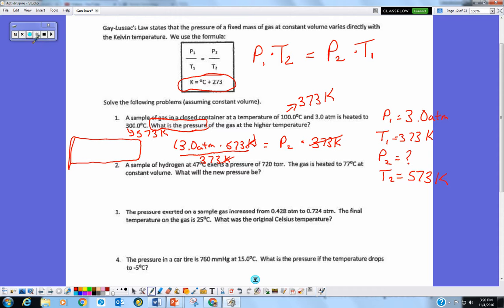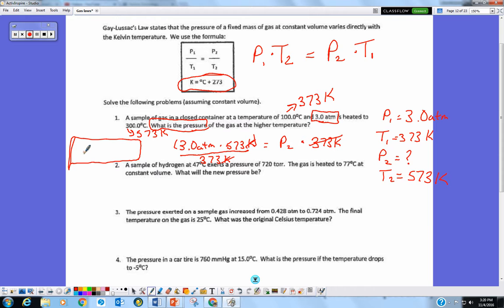So let's go ahead and do the work. Alright, so when we calculate this out, we should have gotten something to the extent of 4.60857. Looking back in our problem, we have 4 sig figs for the temperature, we have 2 sig figs for the pressure, so we're going to go by the lowest number of significant figures, which is 2, so we will report our answer in 2 significant figures.